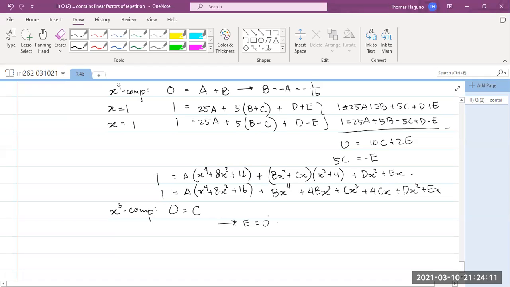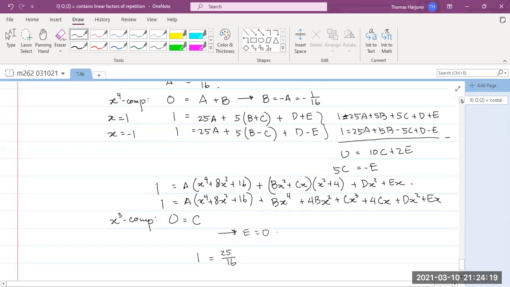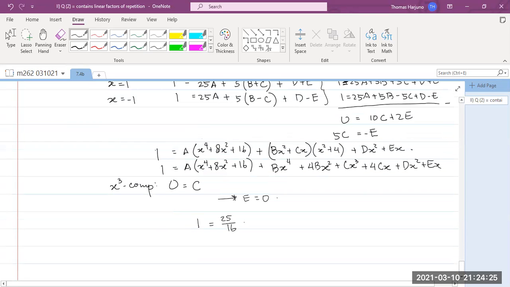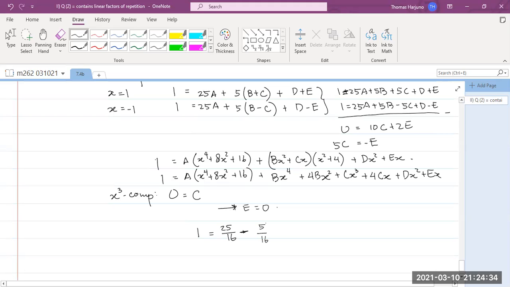Right? E must be 0. And just plug in all the numbers in there then. So 1 equals 25 over 16. The a is 1 over 16, right? And then plus, actually it becomes minus 5 over 16 plus c equals 0, plus d plus e equals 0.